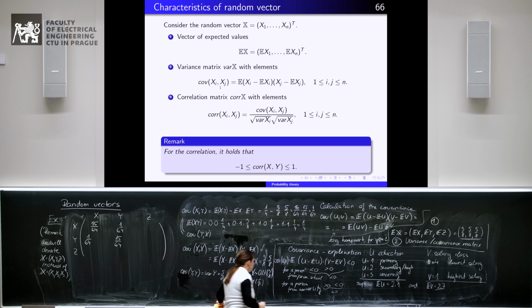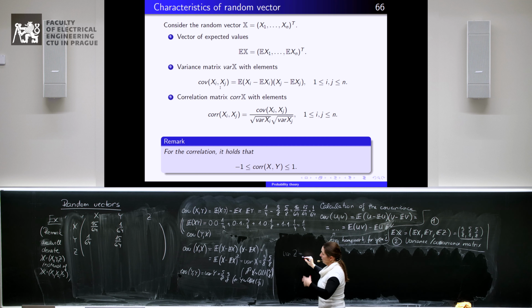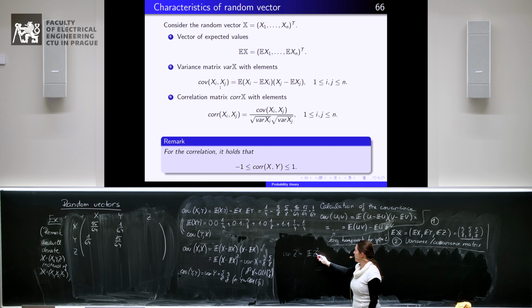And the variance of Z is, because Z has none of our known distributions, we must calculate from the relation: expected value of Z square minus the square of the expected value.